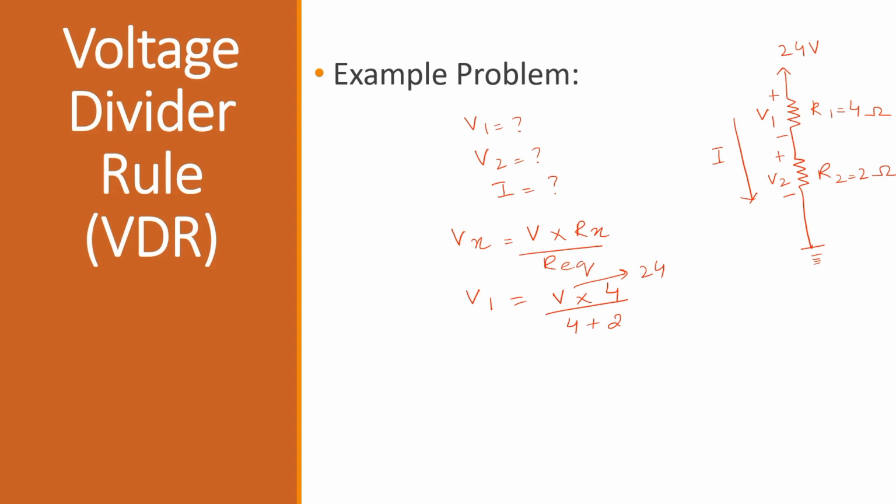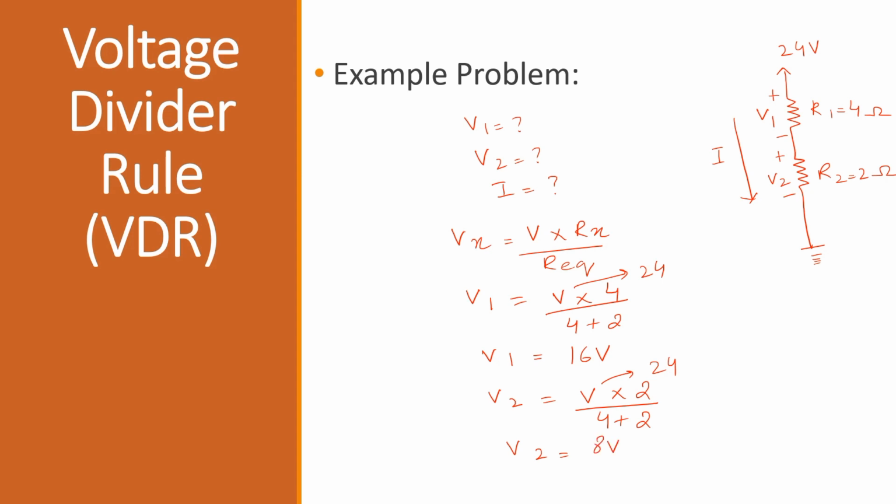After solving, we get V1 is equal to 16 volts. Similarly, for V2, this formula will become V multiplied by 2 divided by 4 plus 2. Again, V is 24 volts. After solving, we get V2 is equal to 8 volts.